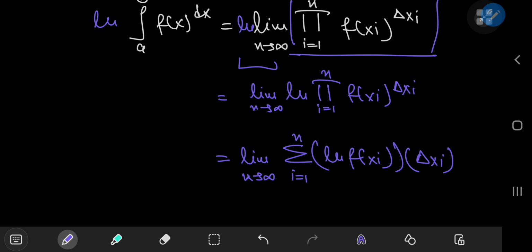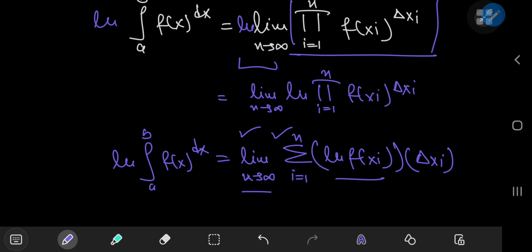And now take a moment to study the structure of the right-hand side. On the left, you have the natural logarithm of this product integral, and on the right, you have this limit of a sum, and the upper limit of the sum is going to infinity, of a function.